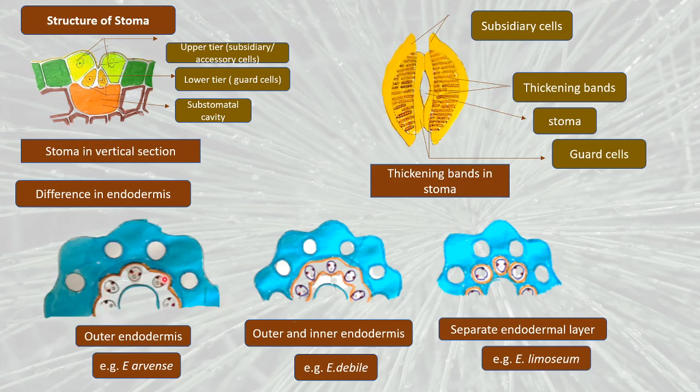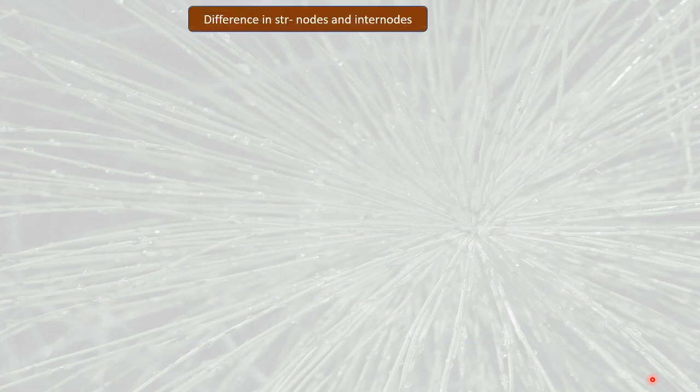In one there is only a single outer endodermal layer, in another there are two layers, an outer and an inner, and in the third one there is a single endodermal layer present around each vascular bundle. So this type of endodermal layer is considered to be primitive and this type is considered to be advanced, right? So this is about the difference in endodermis.